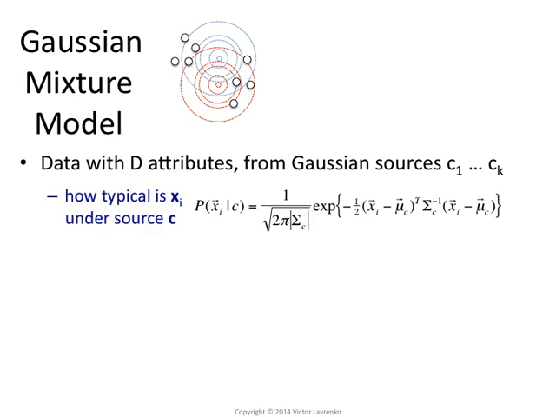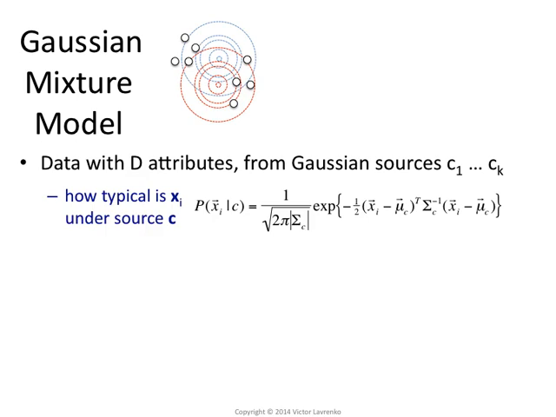And remember, this covariance matrix is specifically for Gaussian c, so that describes the shape of the Gaussian. Right. So right now, both of my Gaussians are spherical. They're sort of circles. So this means that the covariance matrix is a multiple of the identity matrix.